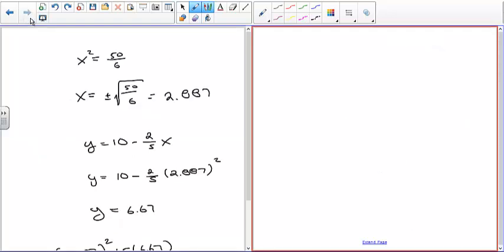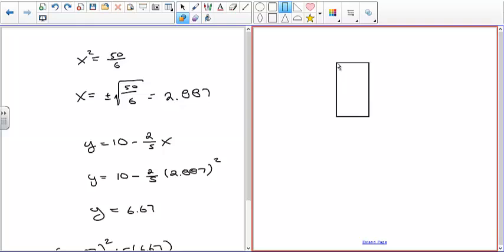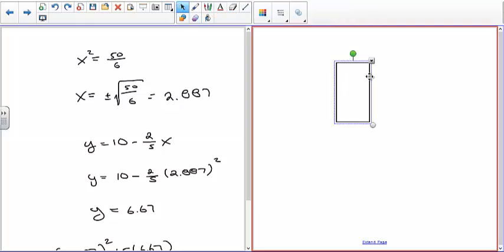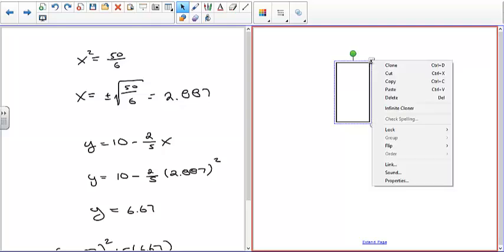Okay. The next problem, which was the corral problem. So let me just draw this thing out. So you've got these corrals like that, and let me clone this thing.